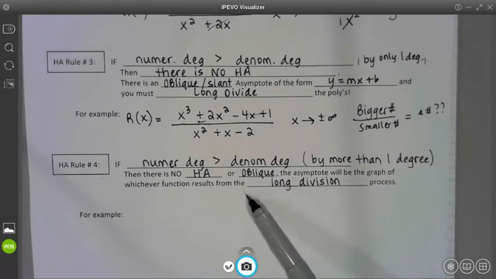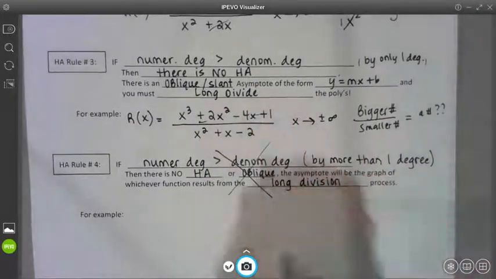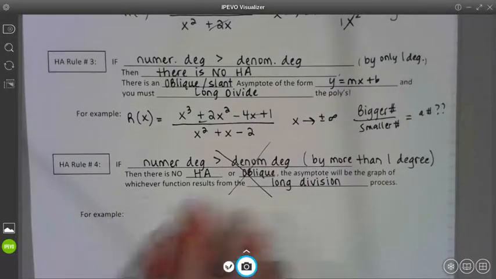So now it just means your asymptote could be a parabola, or a degree 3, a cubic graph. It just means your asymptote could be a different type of graph. And it becomes harder and harder to do those ones. So we don't really see those ones here, but I just wanted to mention it, okay? I didn't even give you an example.